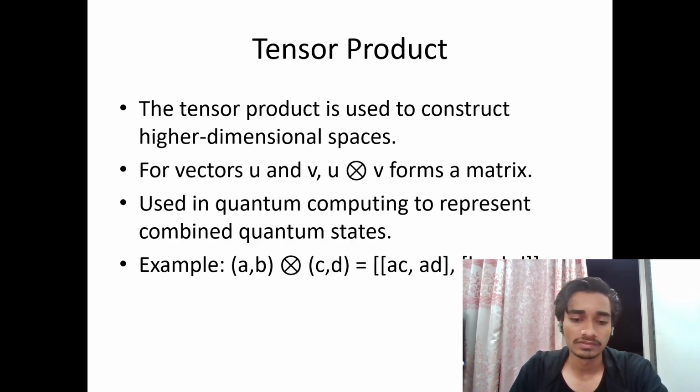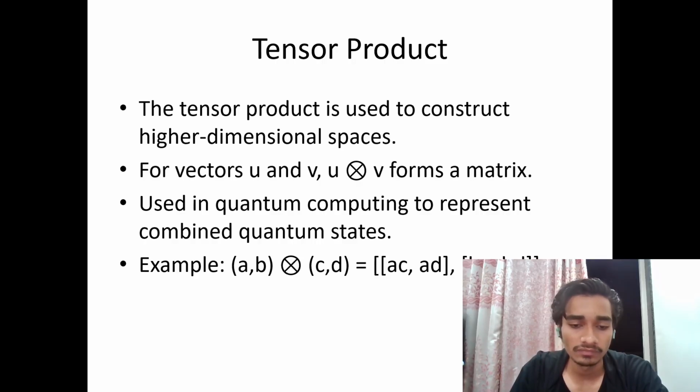Now let's talk about the tensor product. These are used to combine vectors or matrices to form higher dimensional spaces. In quantum physics, they are particularly important because they let us describe the state of a combined system. For vectors u and v, we have u cross v forming a matrix.